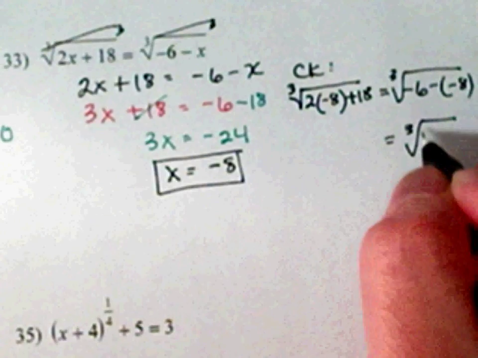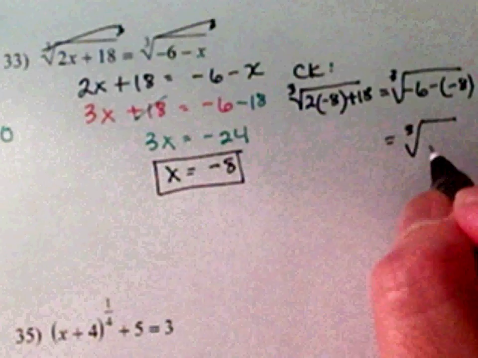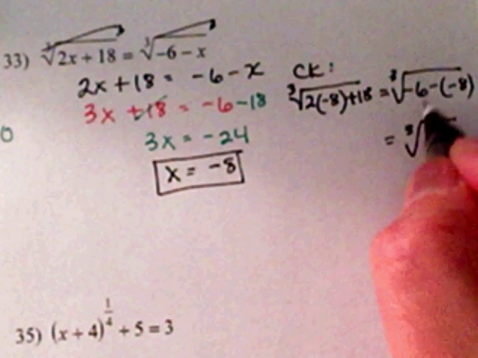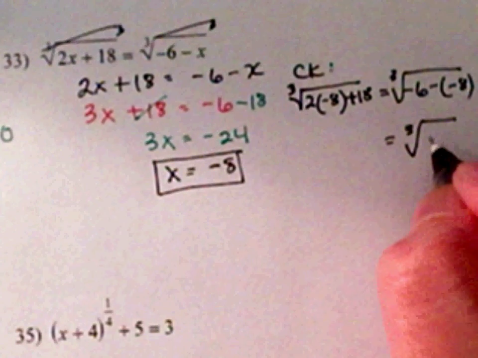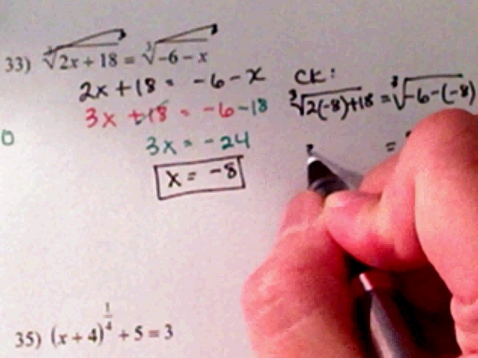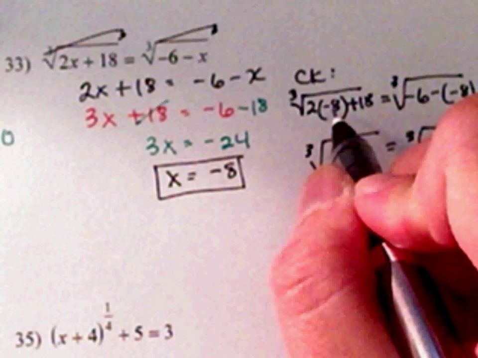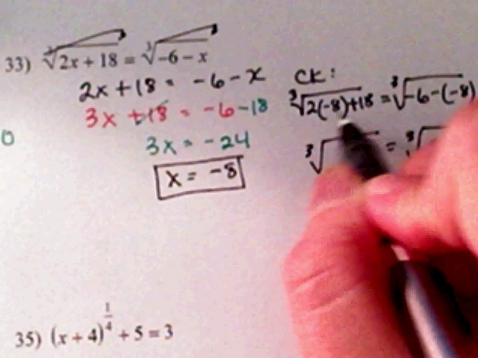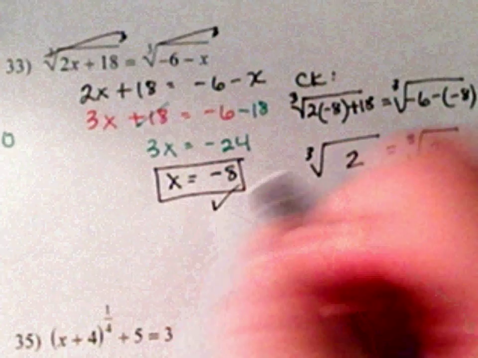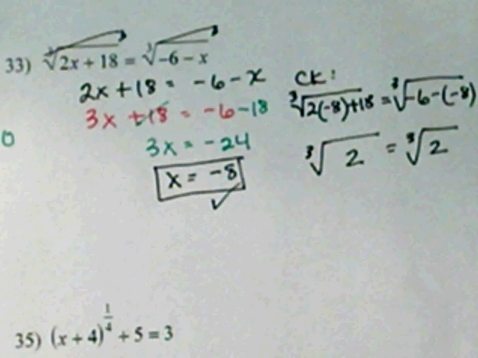This will be negative 6 plus 8, which leaves you 2. See that right there? Now let's do the math right here. 2 times negative 8 is negative 16. Negative 16 plus 18 is 2. Did that check out to be the same? And there's your solution for number 33. Okay.